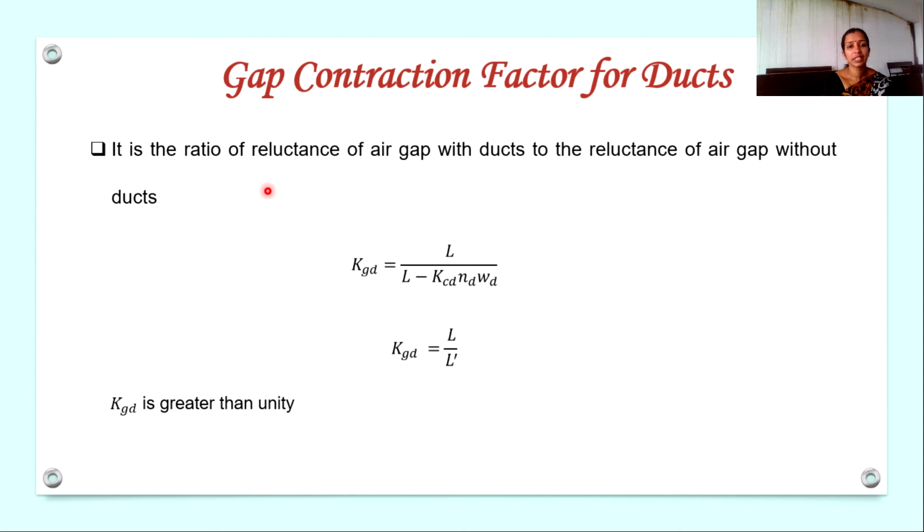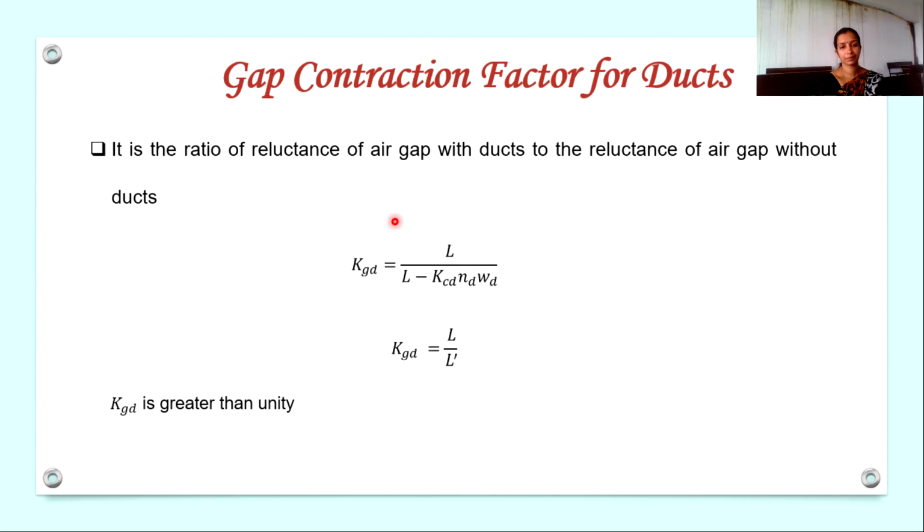So it is the ratio of reluctance of air gap with the ducts to the reluctance of air gap without ducts. So we have initially written the equation for reluctance of air gap of a smooth armature machine, that is without ducts and without slots, and that equation was Lg divided by mu 0 into L into Ys.